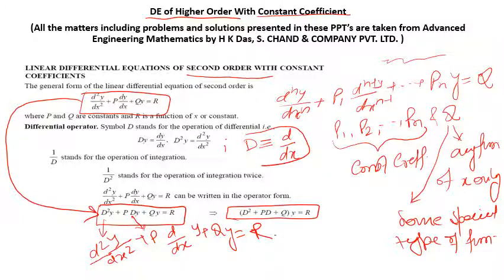If r is 0, then the differential equation becomes (D squared + pD + q) y = 0. And this type of differential equation is known as a homogeneous differential equation, homogeneous in terms of higher order with constant coefficients.